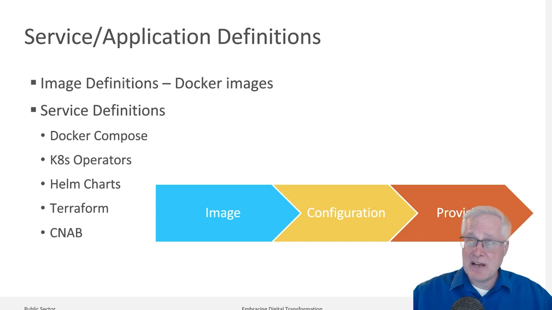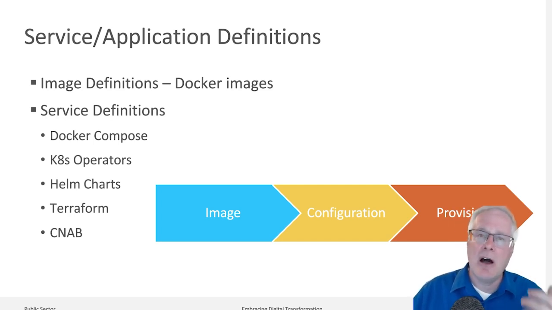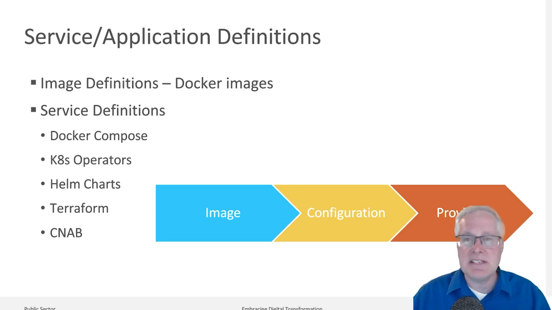Now, when I start talking about service definitions, I include or can include multiple image definitions, but inside there's additional things that are happening. For example, Docker Compose, Kubernetes operators, Helm charts, Terraform, and even CNAB, which are tools that are out there that let me define a service. Now, a service is more than just the container.